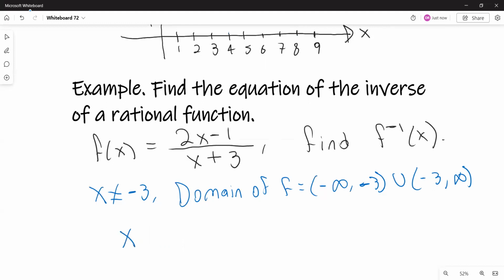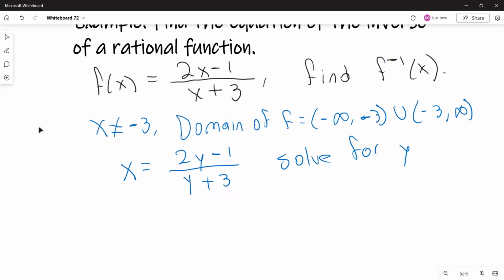So we're going to let x be 2y minus 1 over y plus 3, and we're going to solve this for y. So let's solve for y.